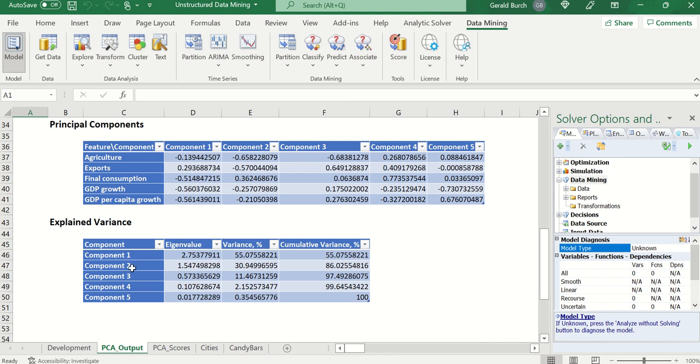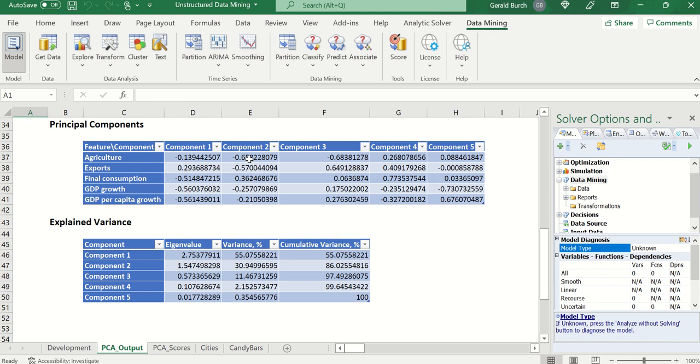If I have component 1 in and I add that second line for component 2, I can get up to 86% of all the variance. Well, which of the variables is associated with component 2? These are the values for it.